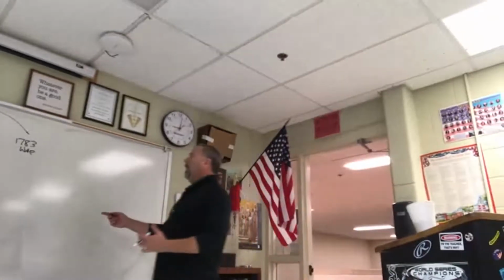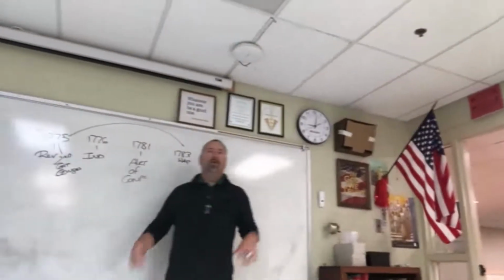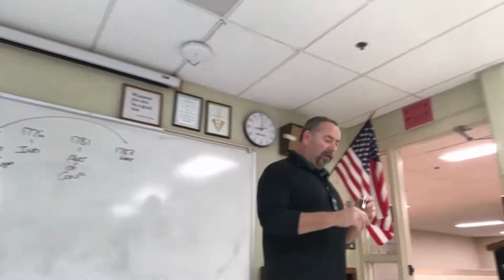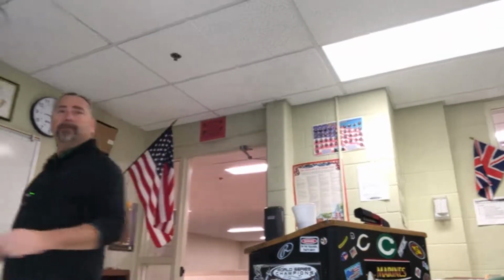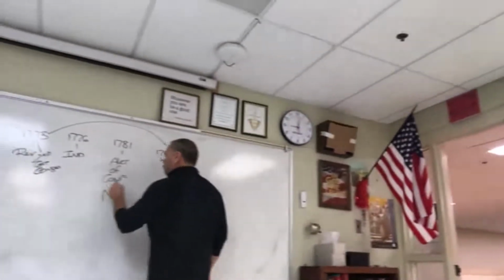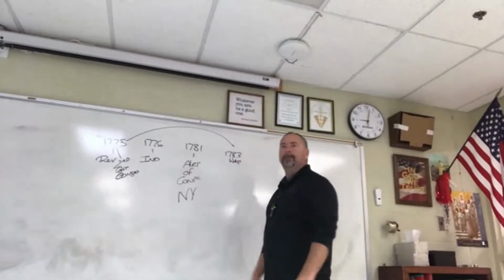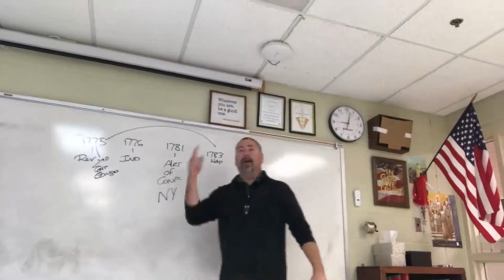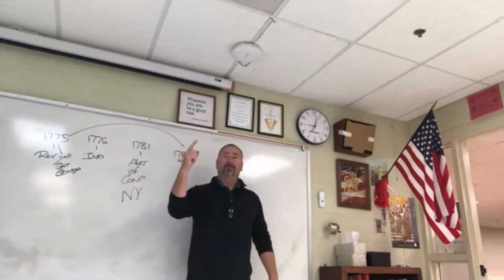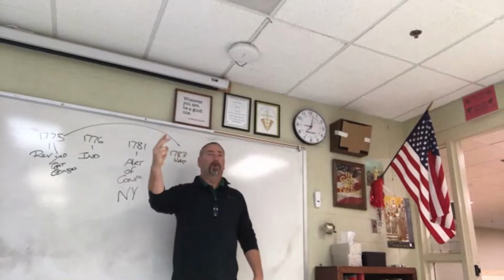So by 83, when the war is over, the first capital where the Articles of Confederation will meet is where? Where they've been meeting. They've been meeting in Philly. Now they're going to move this government where? To New York. So our first capital is Philadelphia. The second capital is New York.